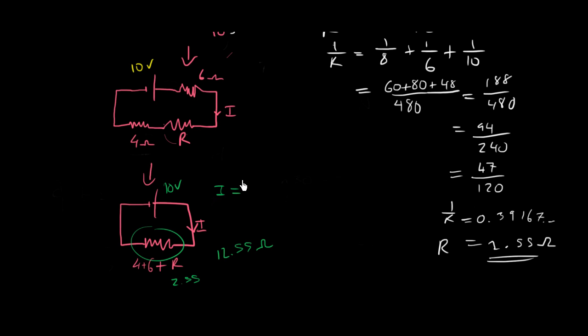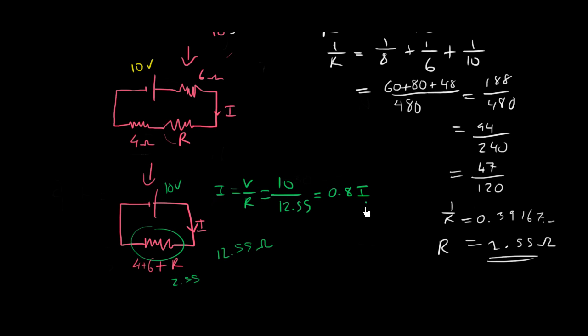V is equal to IR, so I is equal to V over R, which is 10 volts over 12.55. Let me do that in the calculator, 10 divided by 12.55, that's 0.796. So actually I'm just going to take that to be 0.8.